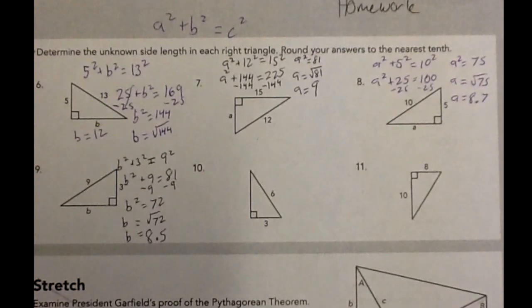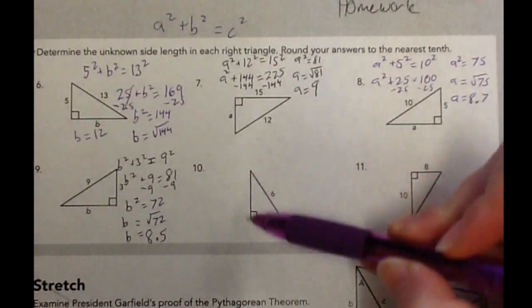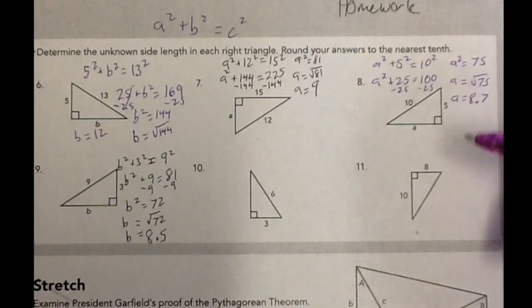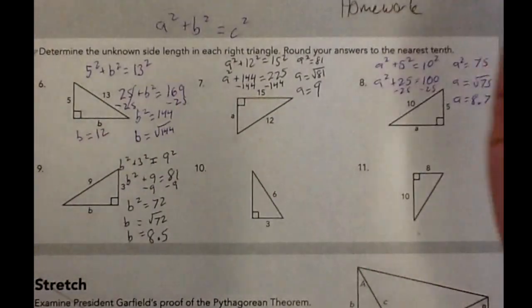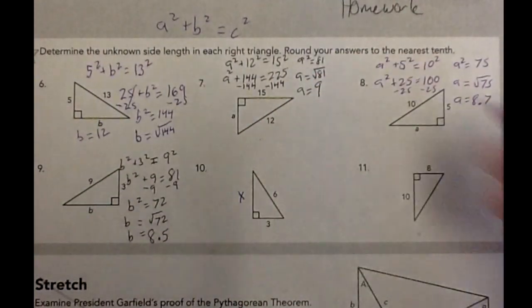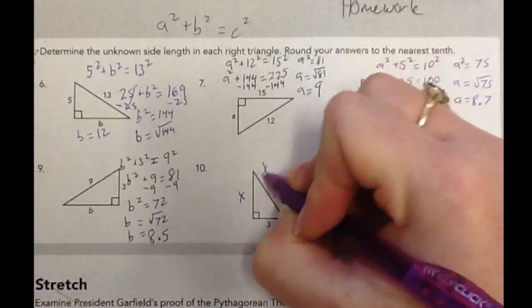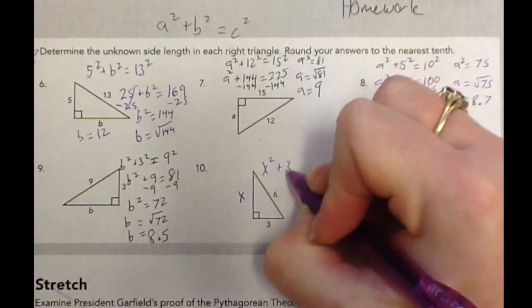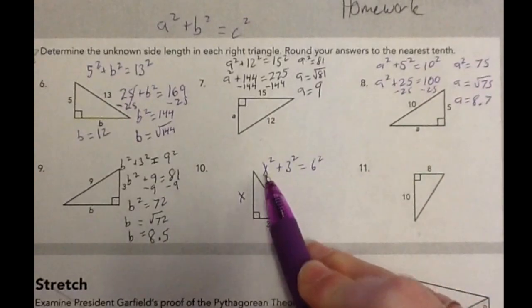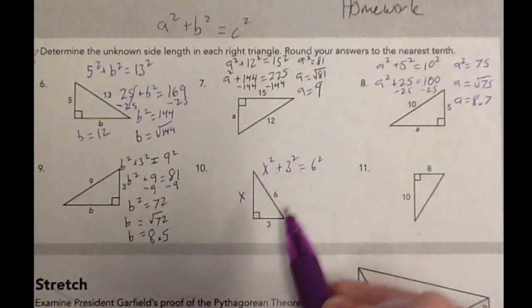For 10, even though they didn't label an unknown side, it's right here. We don't know what this side length is. So you can call it whatever you want, like a, b, x, k. It doesn't matter. Maybe I'll go with x to be a classic unknown. So we have our unknown squared plus 3 squared equals 6 squared. And again, if I switch the 3 and the x, nothing will change.